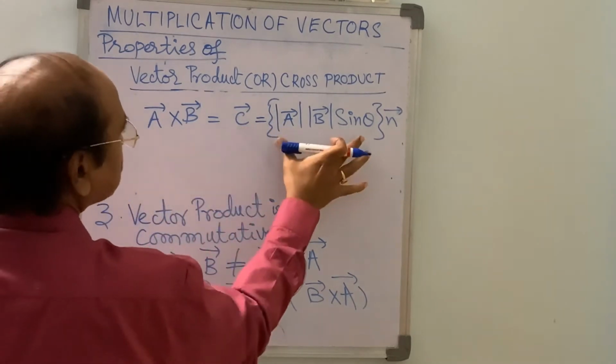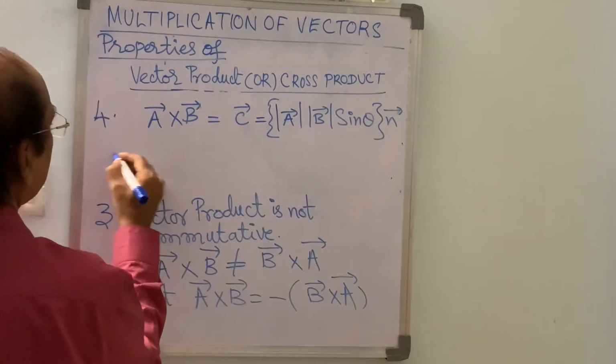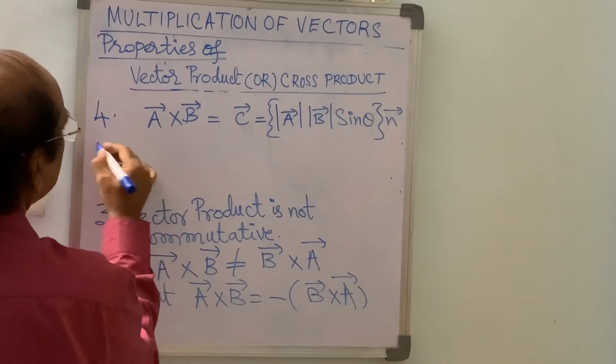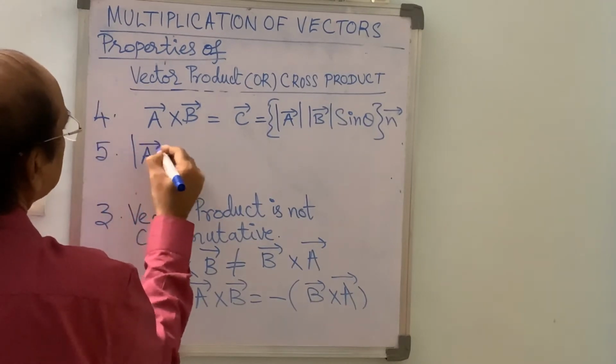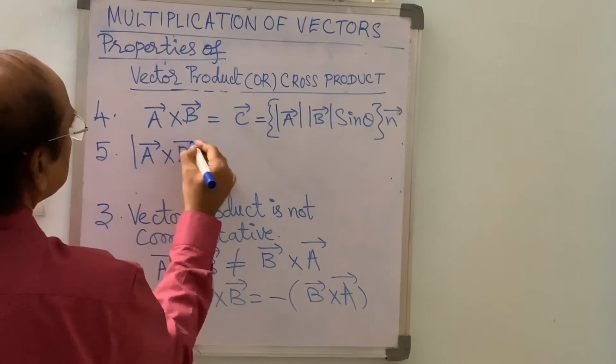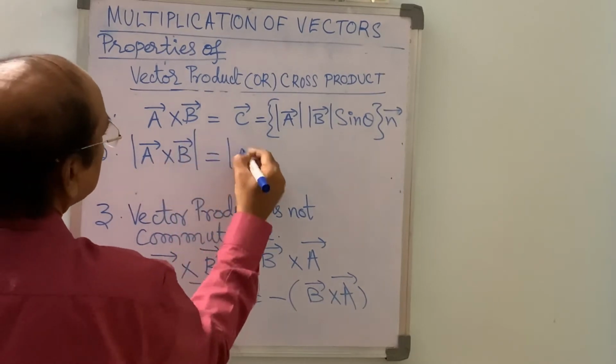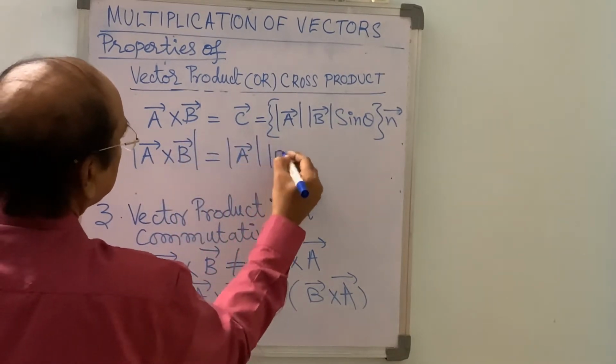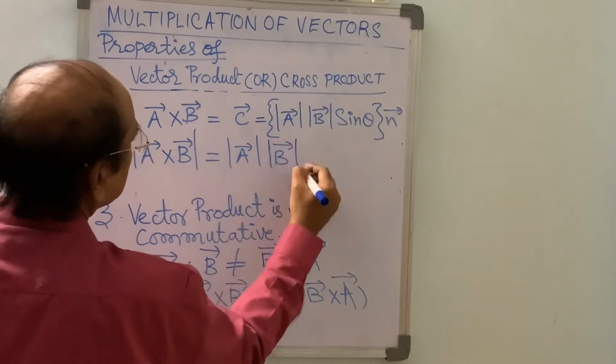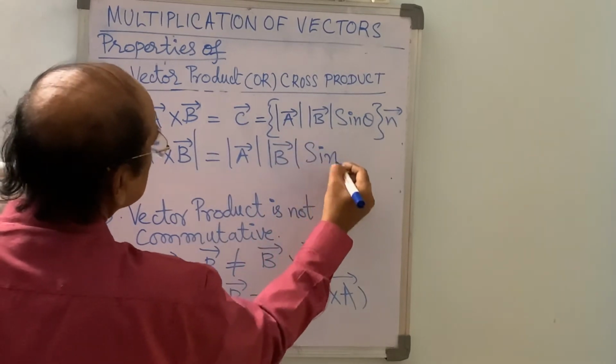So C bar magnitude is AB sin theta, or from this we may write modulus of A bar cross B bar is equal to modulus of A bar into modulus of B bar into sin theta.